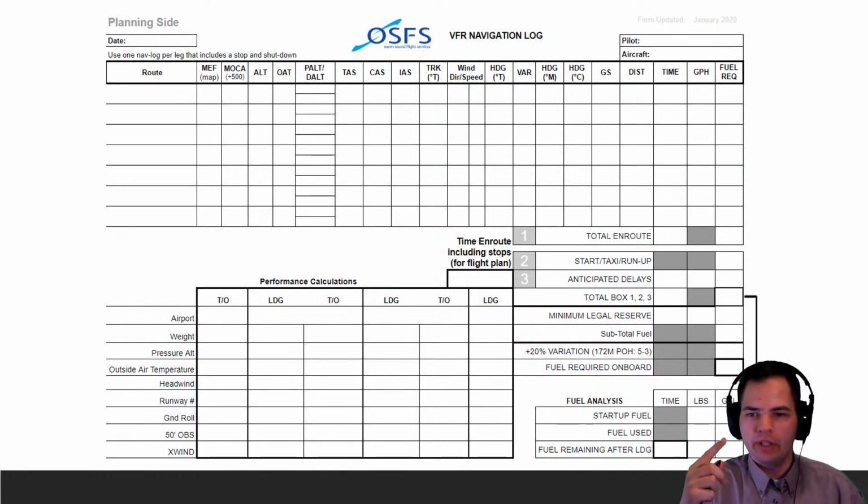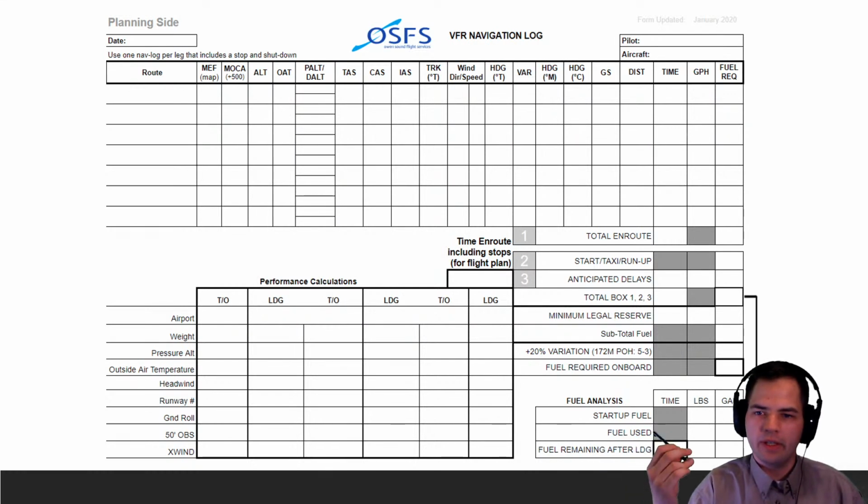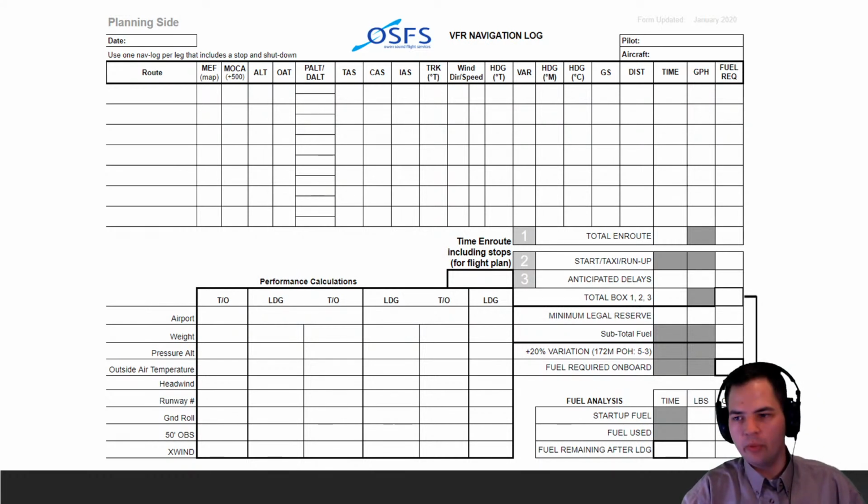There's various different formats for nav logs out there. You'll probably punch in all your numbers onto something like this, and the thing is, though, when you write a test, you don't have access to this, and you're probably not going to remember all these boxes to write out on your test. So how does that all work?